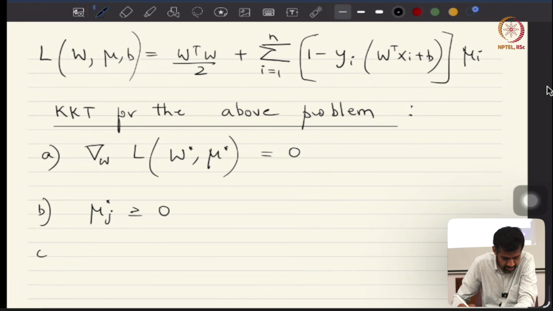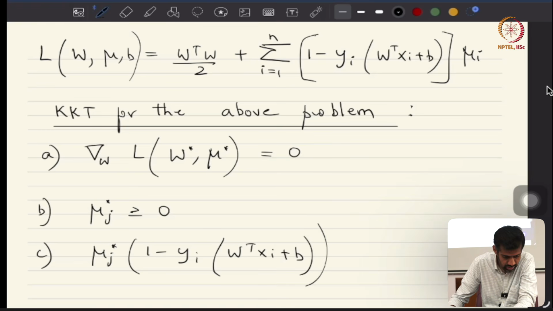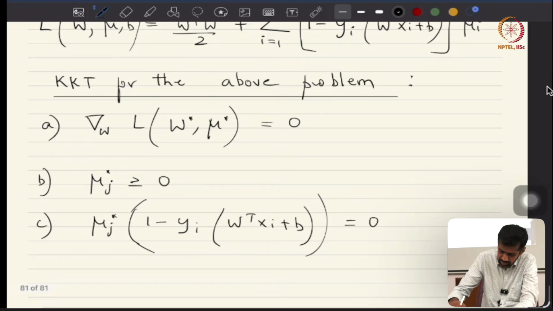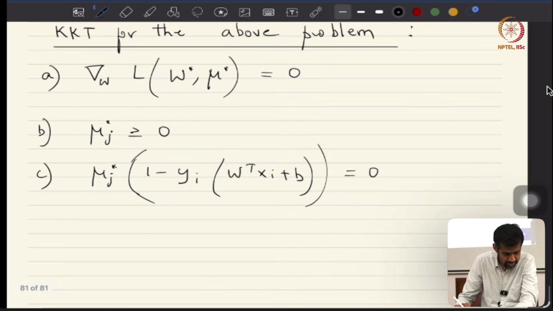And the third one is the product of the Lagrangian multipliers with the constraints. This has to be 0, correct? These are the 3 conditions. Okay. So let us apply all this and see what happens.